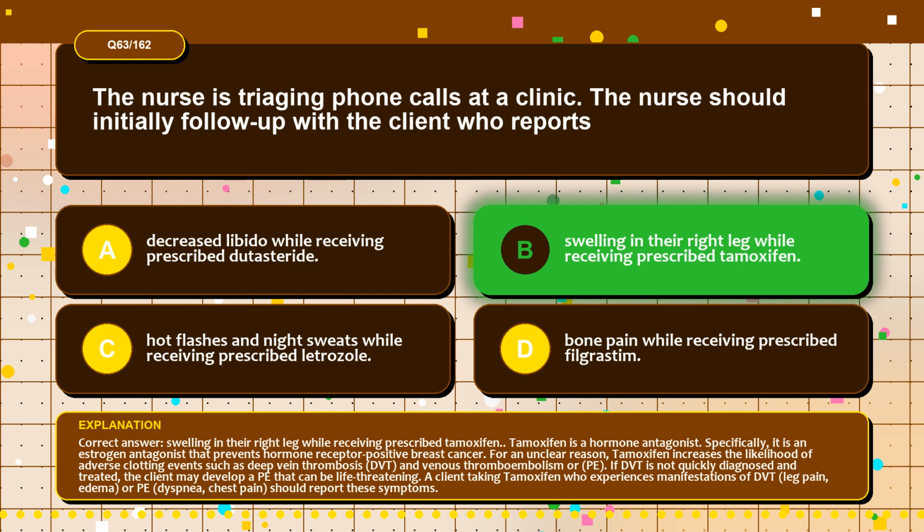For an unclear reason, tamoxifen increases the likelihood of adverse clotting events such as deep vein thrombosis (DVT) and venous thromboembolism or PE. If DVT is not quickly diagnosed and treated, the client may develop a PE that can be life-threatening. A client taking tamoxifen who experiences manifestations of DVT (leg pain, edema) or PE (dyspnea, chest pain) should report these symptoms.